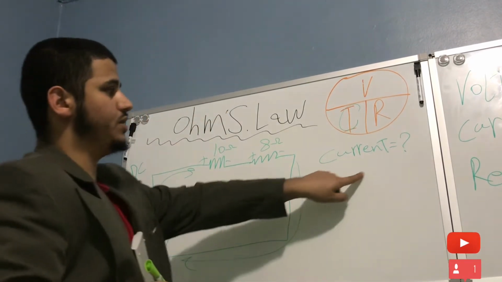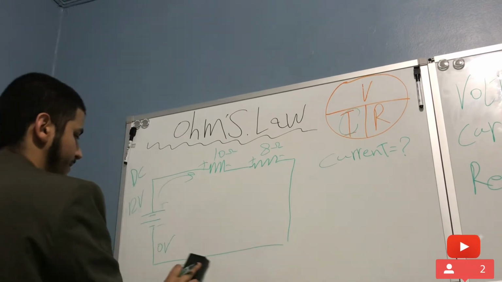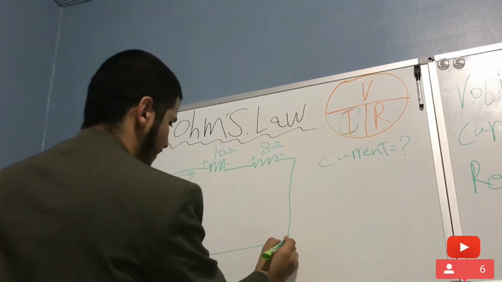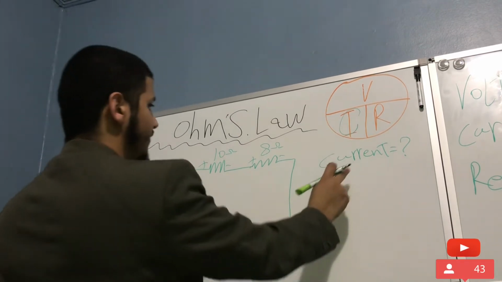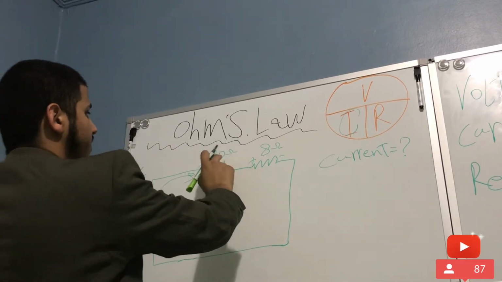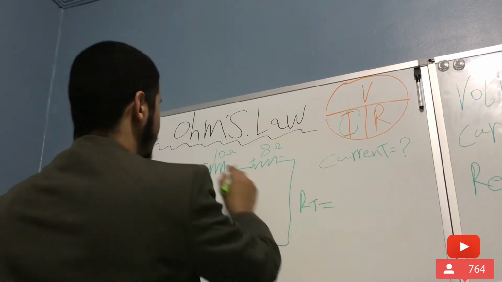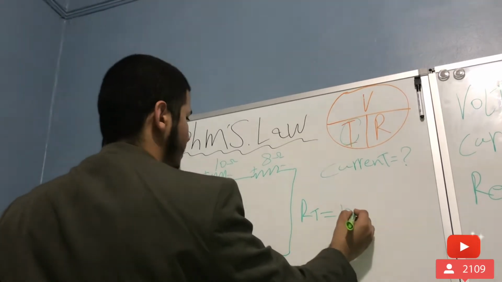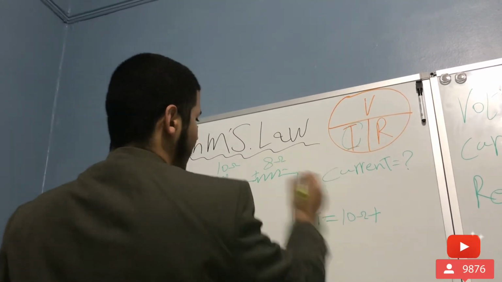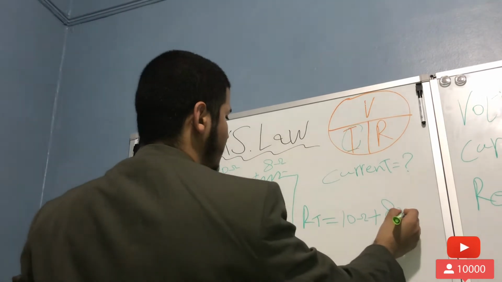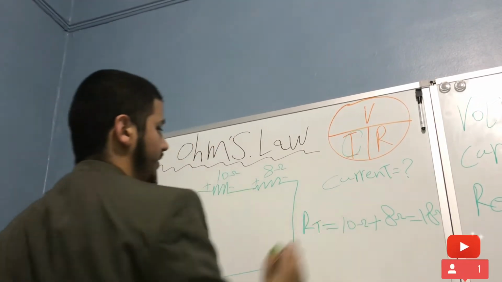How do we solve for the current? Always do the resistance first. The R total equals 10 ohms resistor plus 8 ohms resistor equals 18 ohms. 18, all right.